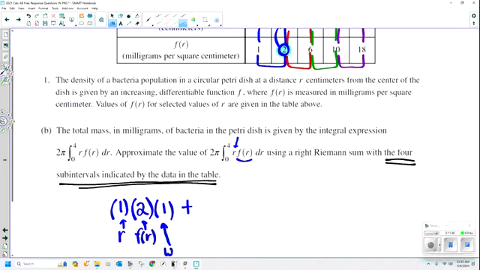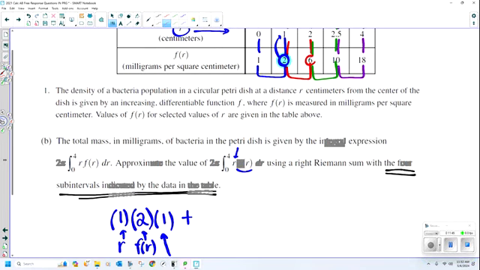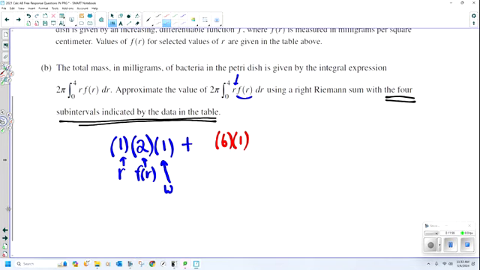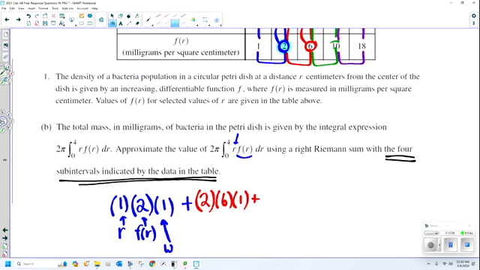Let's take a look at the red one. The right side of the red rectangle is 6. That width is still 1 up top, and the r value is 2. That's it. The next one is green. The right value on green is 10, so I'm going to put 10 here.